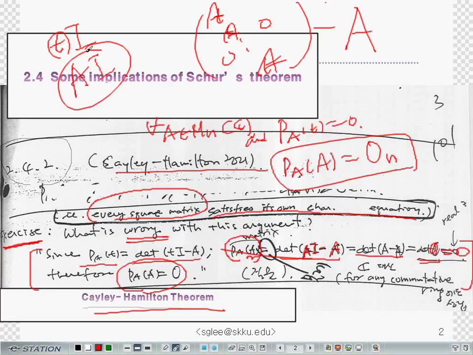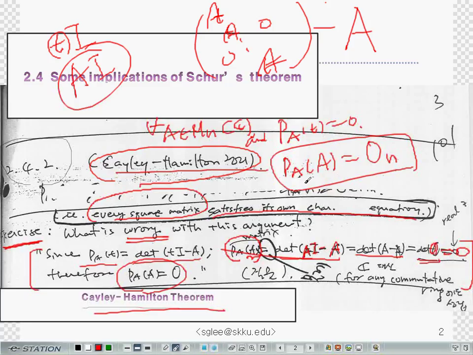The characteristic polynomial is real, yeah. The characteristic polynomial is not necessarily real. It can be complex, but actually it's a scalar. It's a scalar. So yeah, you made the right point.